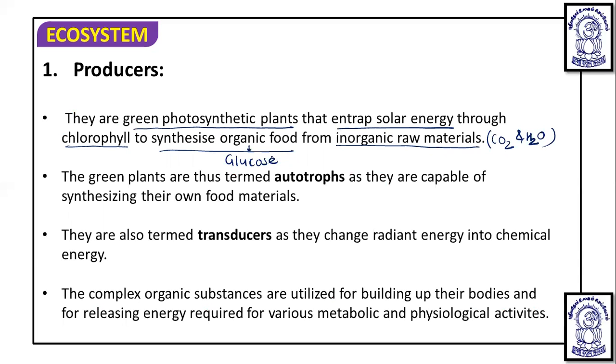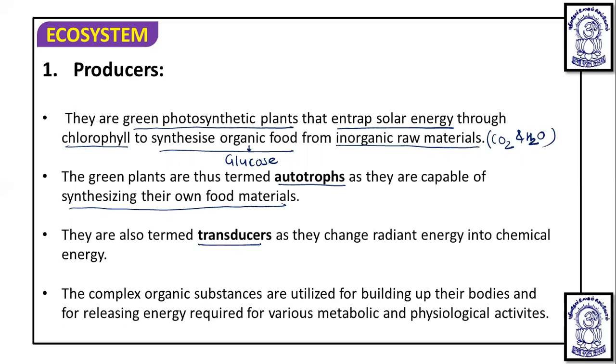So these green plants, which use the light energy and convert it into chemical energy and synthesize food, that is organic matter, are thus named autotrophs. Auto means self nourishing. They are synthesizing their own food. So they are capable of synthesizing their own food.